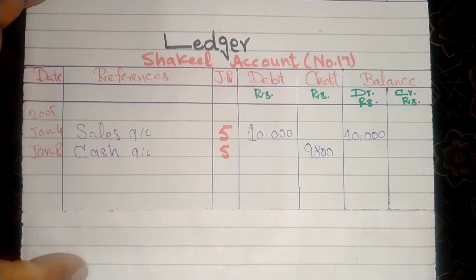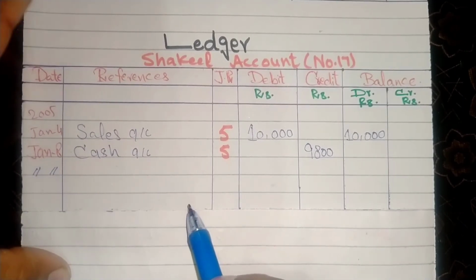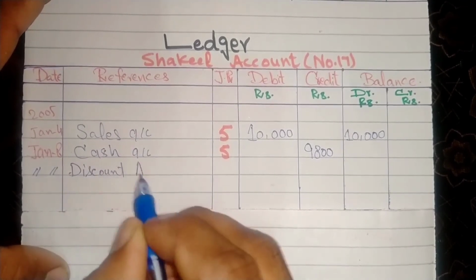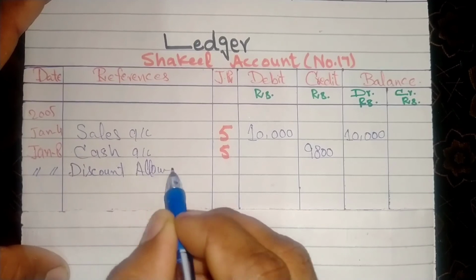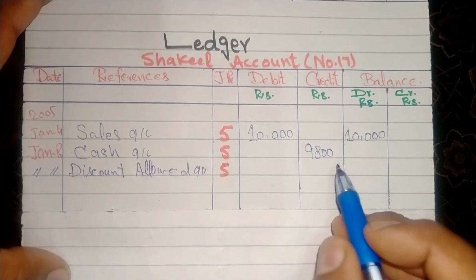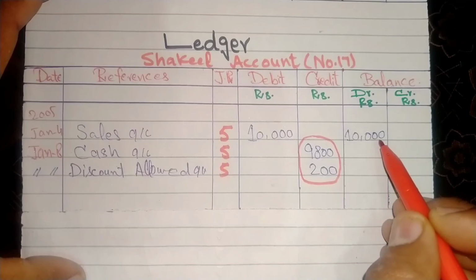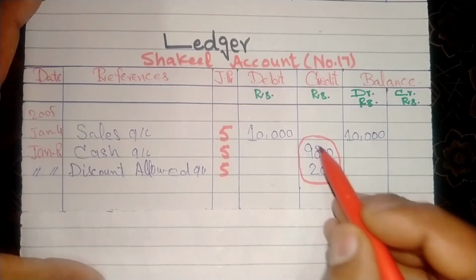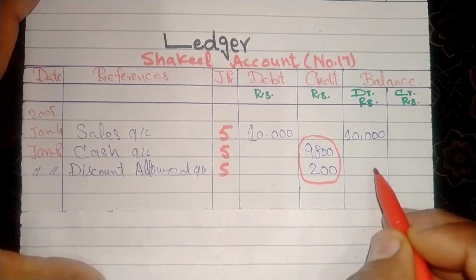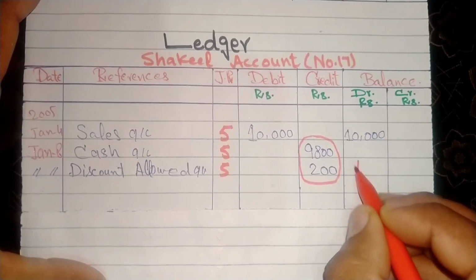Okay, and with same date, which is Jan 8th, Shakil account also credit by discount allowed account, with same journal reference number 5 with amount 200 rupees. 10,000 rupees is debit amount and also same amount credited. So the balance will be nil in the effect of both situations. We will write here nil balance.